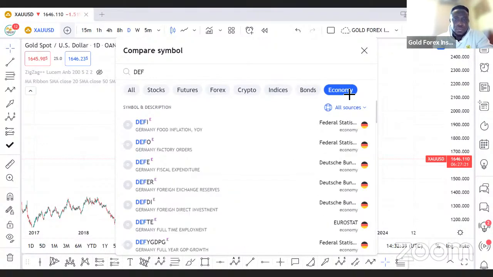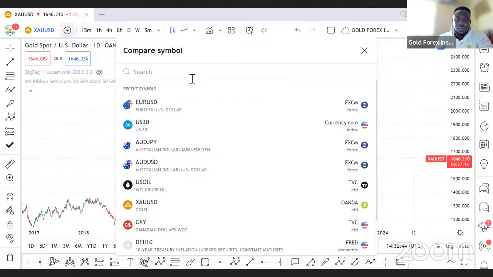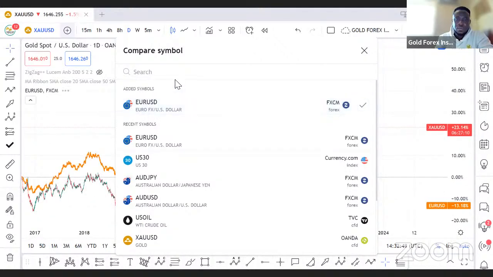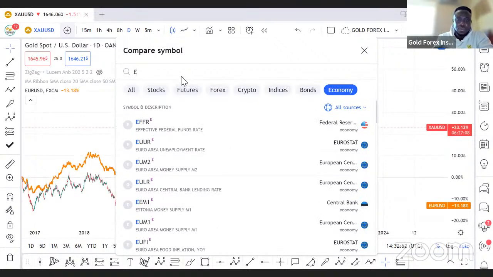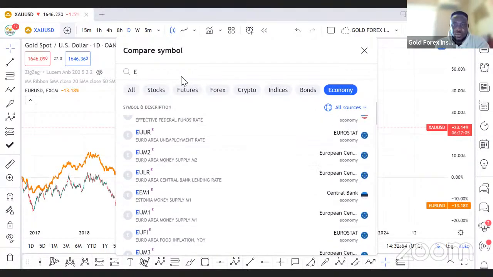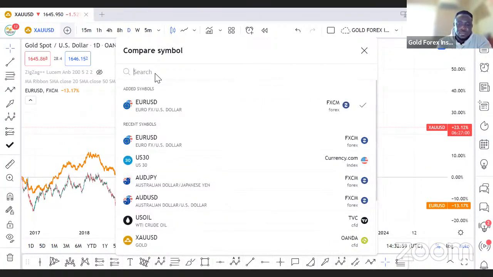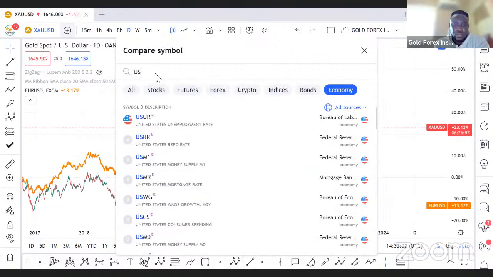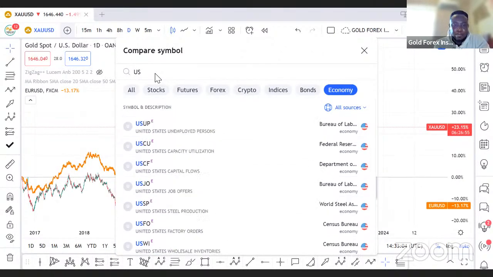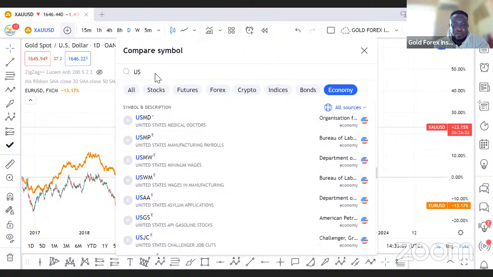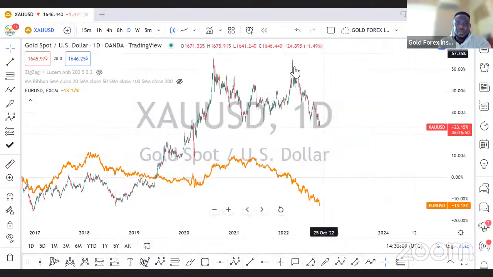Bonds. Okay, let me remove it. Let me go and add it first.